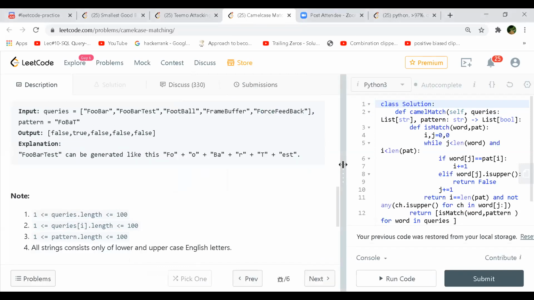So the pattern should be empty at least for us to return true. If your query is not empty and you had an uppercase at the very end, then you'll have to handle it. That's the only small trick, but you're almost close. If we find an uppercase there, you'll return false, or else you'll return true.